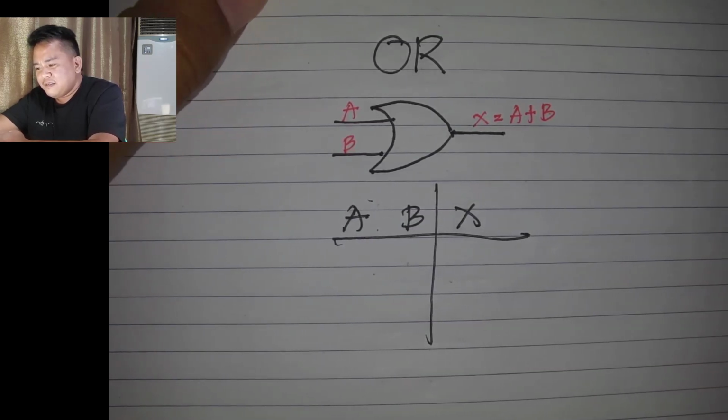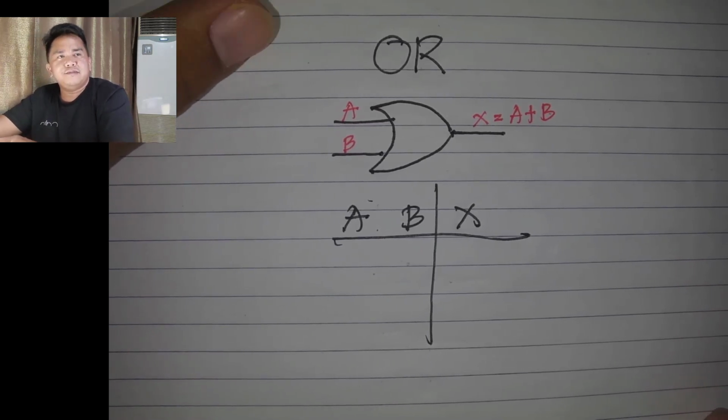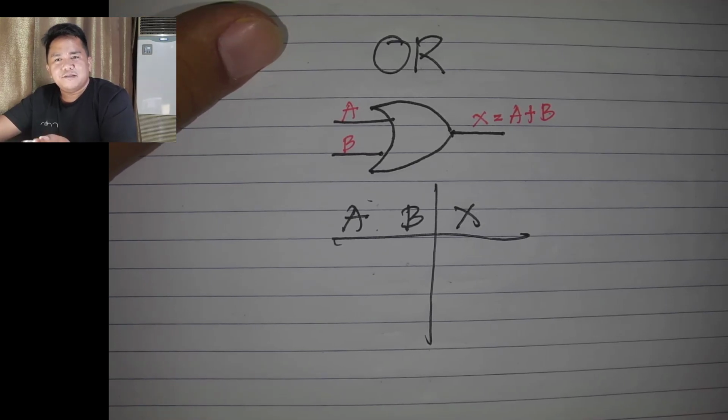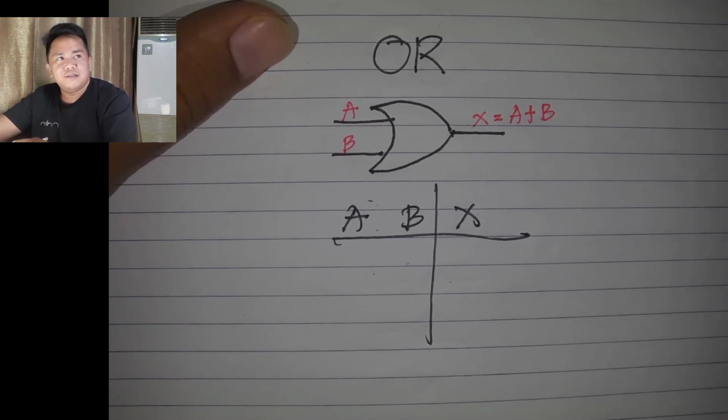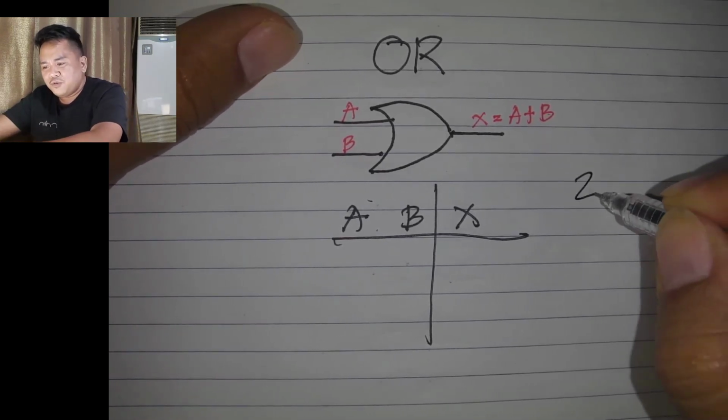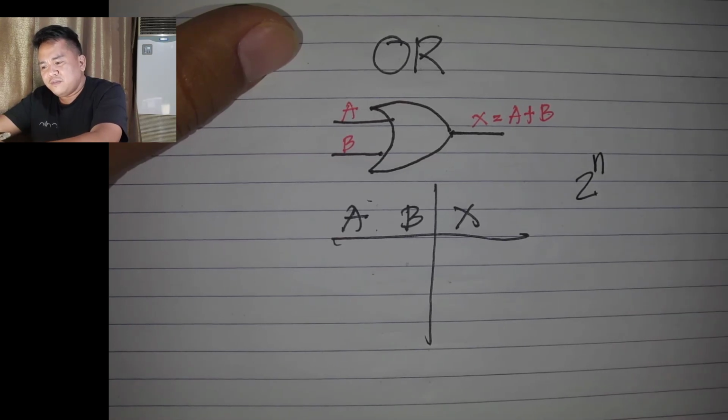Now, in a 2 input combination, how many possible outputs? 2 input combination of ones and zeros. What will be the possible number of input combinations? Now the formula is 2 raised to the number of inputs.